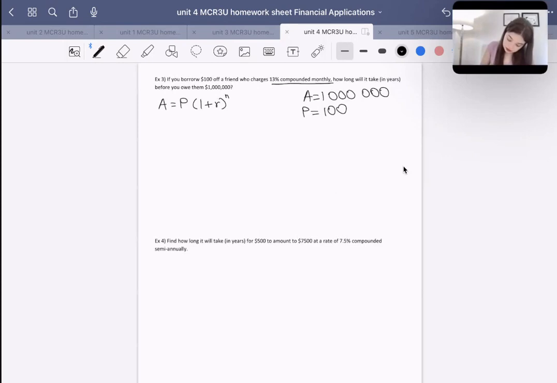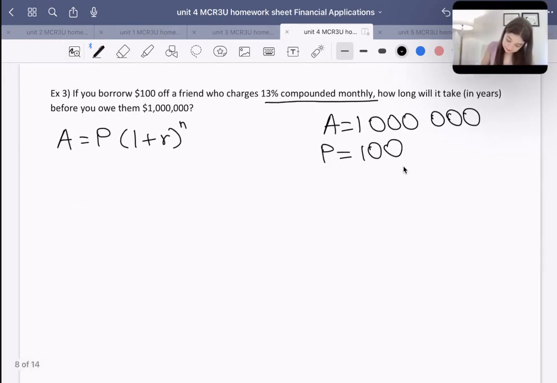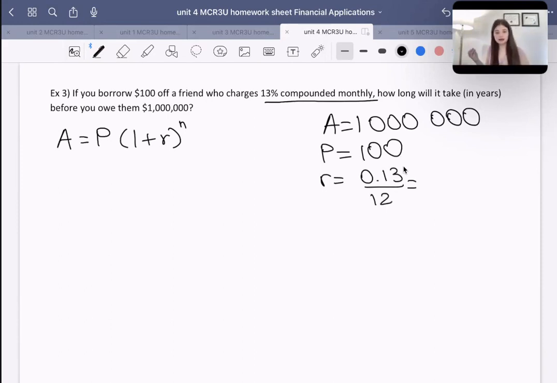So the interest rate here is going to be 0.13 divided by 12. The reason I'm dividing by 12 is because it's a yearly interest rate, but it's compounded monthly, right? Much like a credit card, they say 20% or 22% or whatever it is, compounded monthly, but that doesn't mean that you're owing 22% at each month.